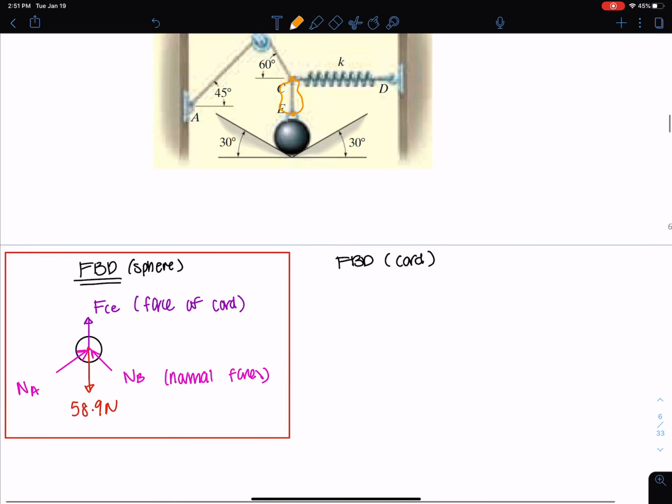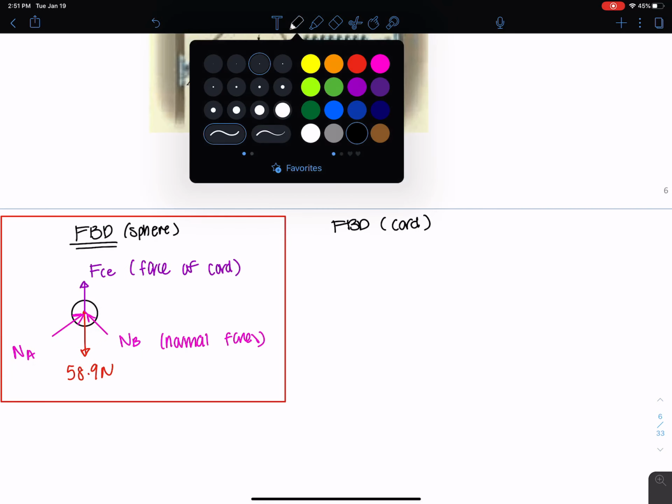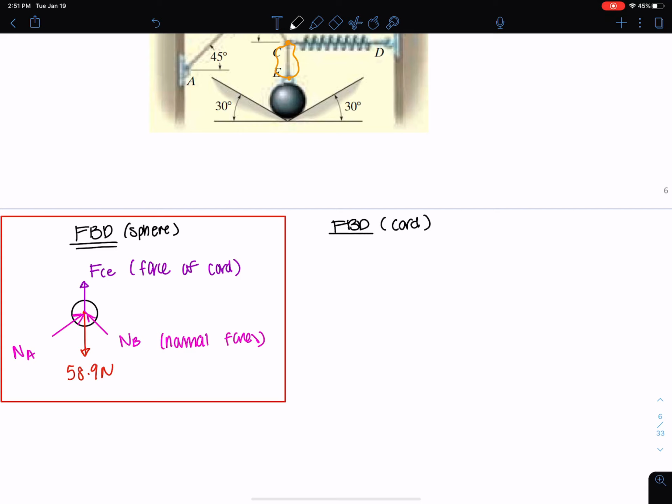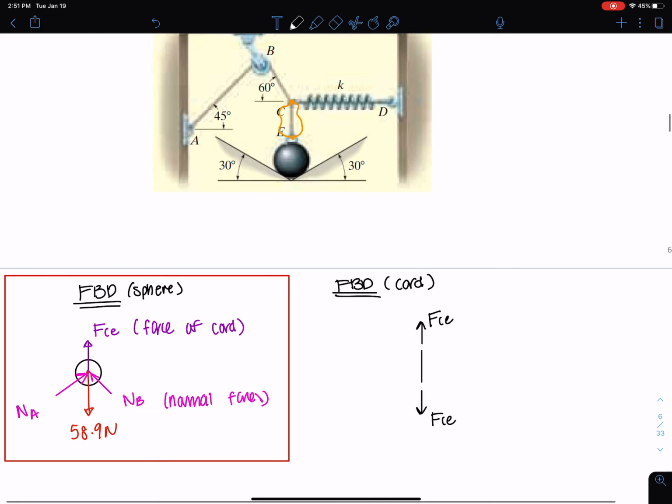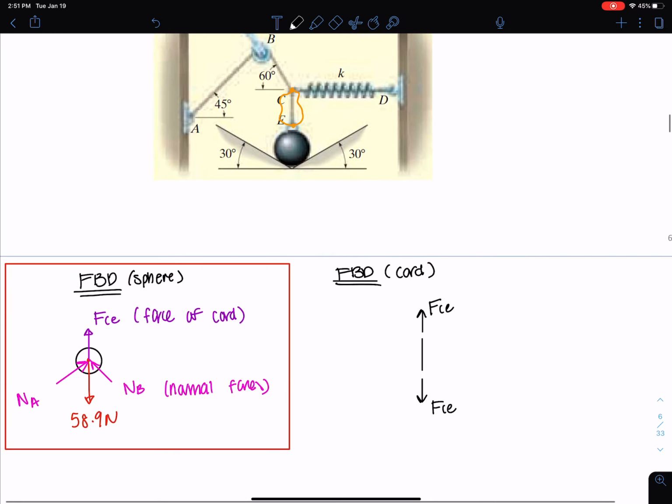If I were to isolate that chord, I'm getting the FCE from the bottom, and I just have FCE at the top. All I really have for the chord is that tension force. So this is the force of the knot on CE, and this is the force on the chord CE. So I really don't have anything else happening here. That's pretty much it.